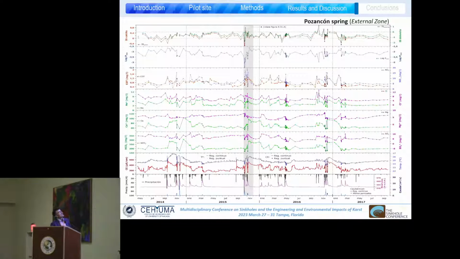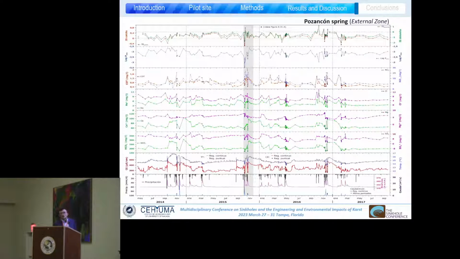This is the record for the overflow spring, the so-called Pothancon spring. You can see here the record of the water level, and this is just when the spring is overflowing, so a very, very short period.